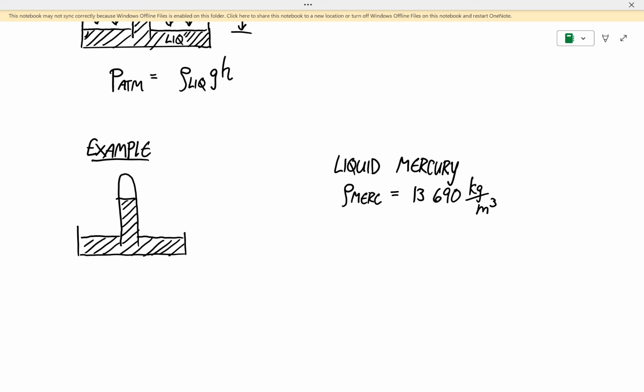The density of water is 1,000 kilograms per cubic meter. The density of steel is about 7,000 kilograms per cubic meter. So mercury is about twice as dense as steel. A cubic meter of mercury weighs about twice as much as a cubic meter of steel.